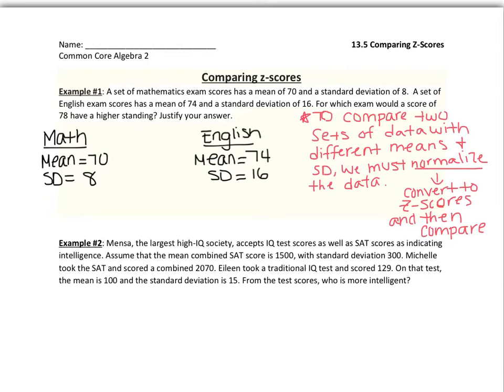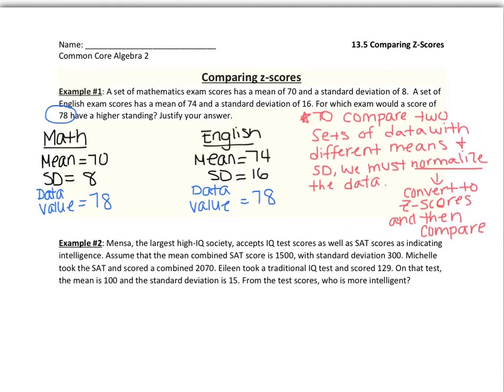Okay, so let's look at this first part where it says math with a mean of 70 and a standard deviation of 8. I want to take this data value of 78, so I can even put here data value of 78, and we'll even put it here too because this is the data value we want to compare.